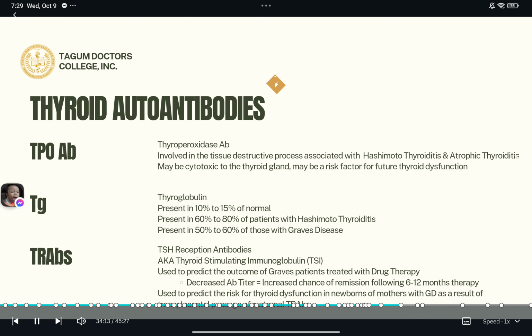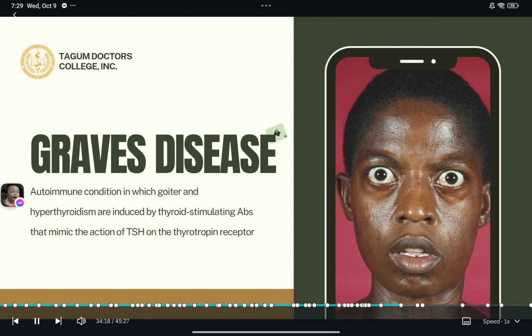So, our Graves' disease, okay, people, makita nato na siya autoimmune condition in which goiter and hyperthyroidism are induced by thyroid-stimulating antibodies that mimic the action of TSH on the thyrotropin receptor. Okay?